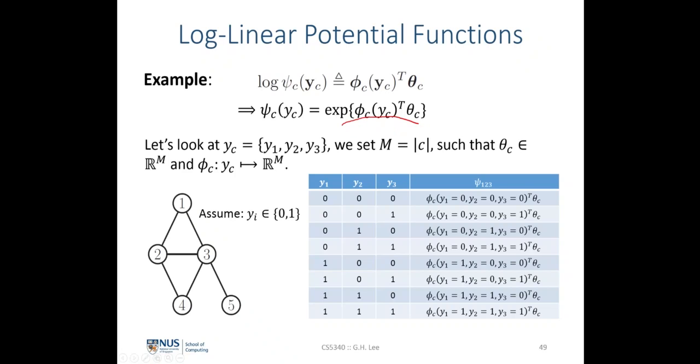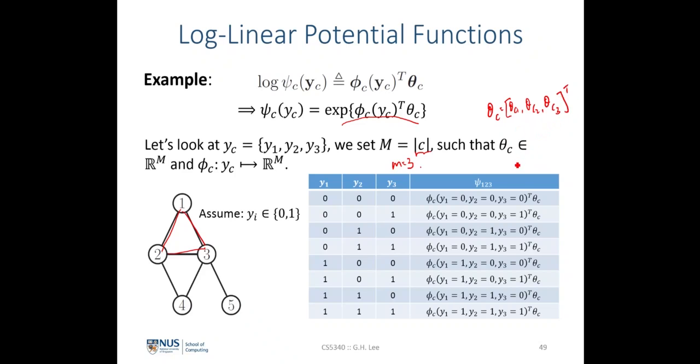Let's now look at the case of the clique formed by y1, y2, and y3 over here, where we can set m, the dimension of the feature vector as well as the parameter, to be equal to the cardinality of C. So in this case, m equals 3, because we have 3 random variables. This means that we'll define a parameter vector theta c equals theta c1, theta c2, and theta c3 transpose.